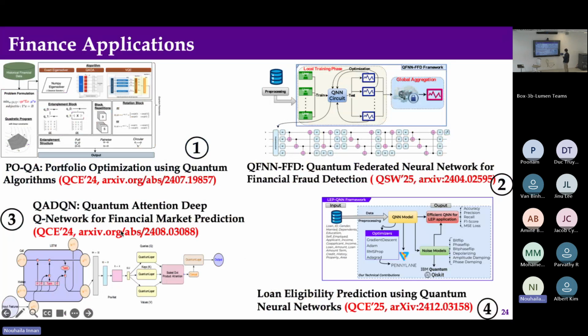Sometimes we don't have access to that. So what we do is simulate the noise and run the same model in a noisy environment, which is a little bit equivalent to running on the hardware, and see how the performance is. Most of the time there is some degradation.